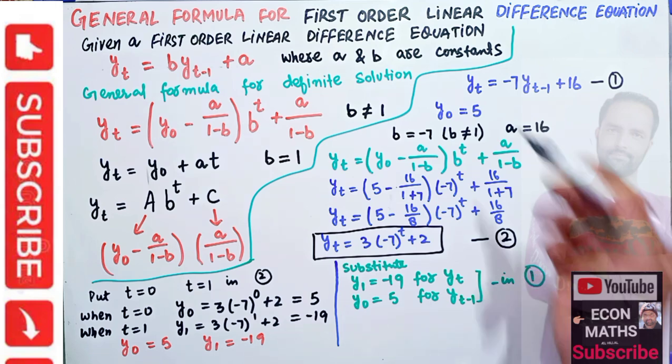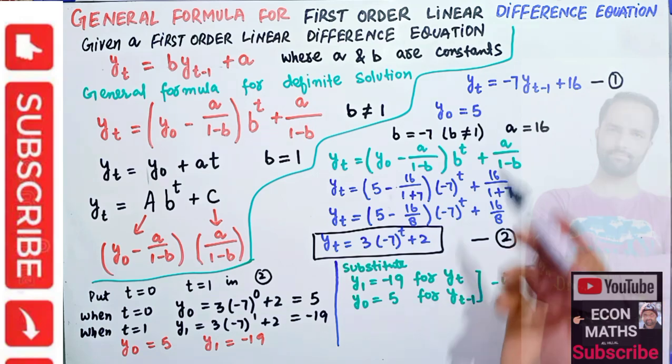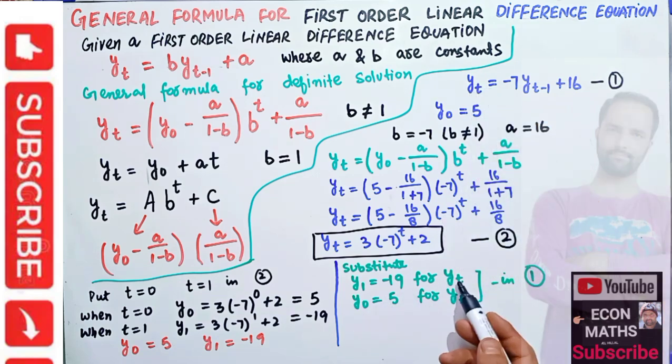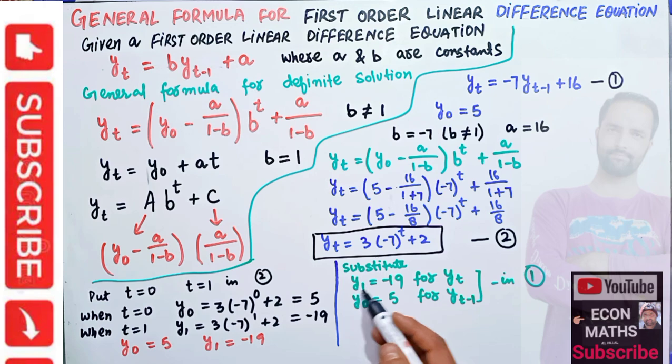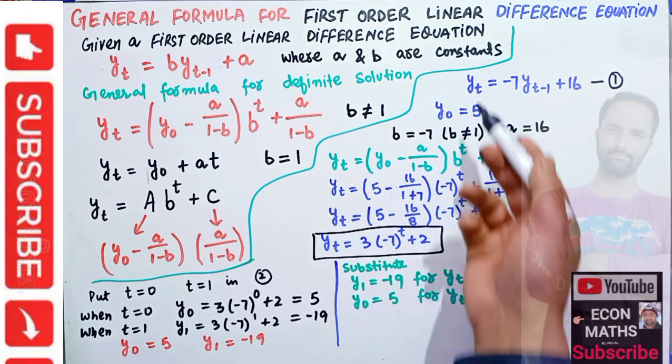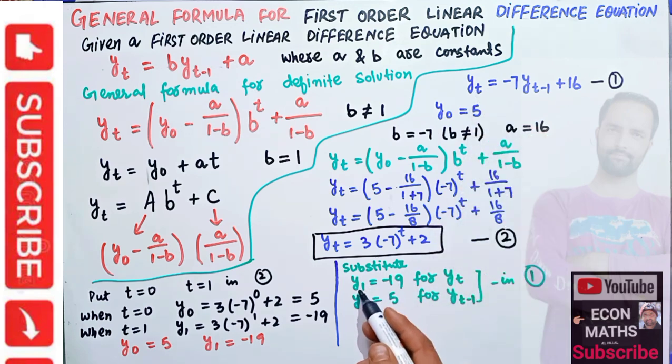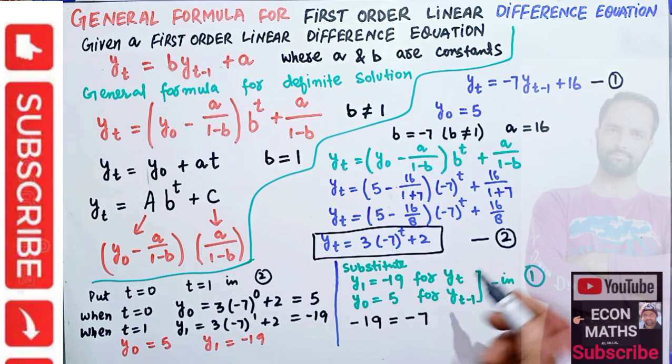So in the first equation, in place of yt we have y1, which is equal to minus 19. So we have minus 19 is equal to minus 7 y t minus 1. In place of y t minus 1, we have y naught, which is 5.